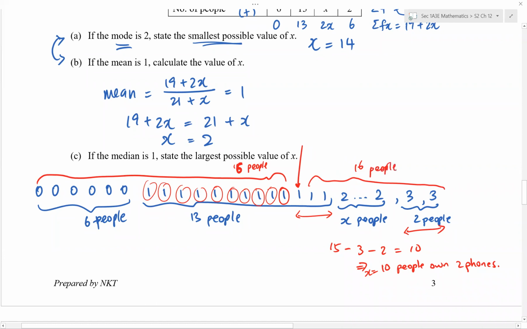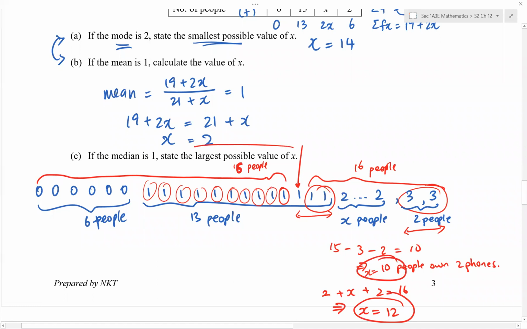If that happens, we have these 2 plus x plus another 2 people equals 16, which tells me that x is equal to 12. So as I move to the right, my x value becomes larger, from 10 to 12.